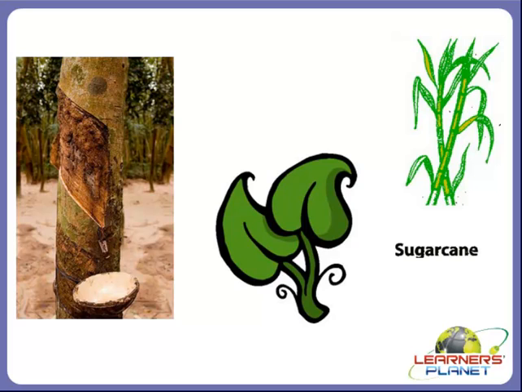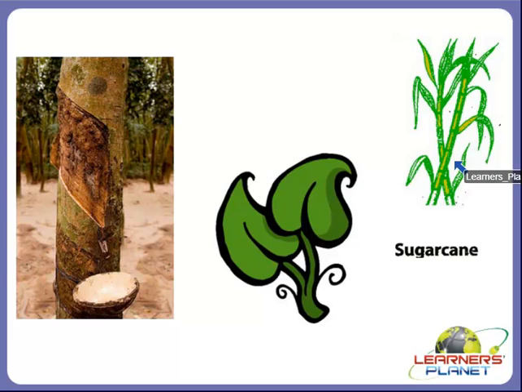For example, there are some plants which give rise to new plants. So we saw an example of a tomato plant. Likewise, there are some other examples like a rubber plant, a money plant, and sugar cane.